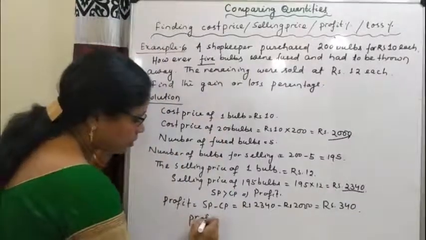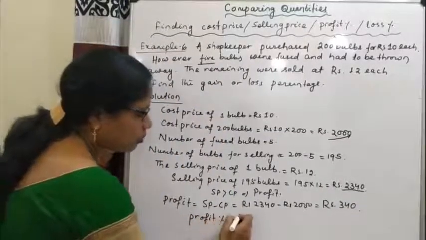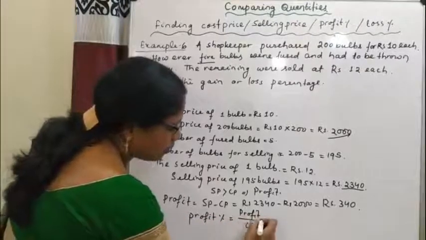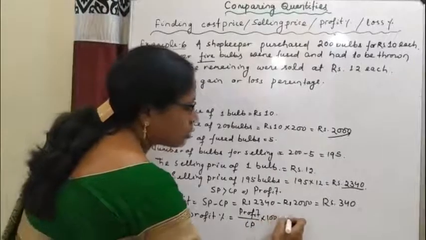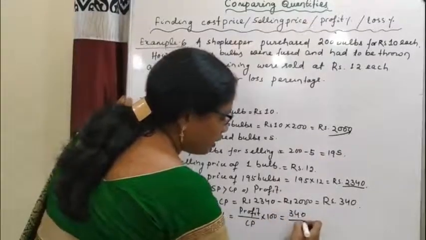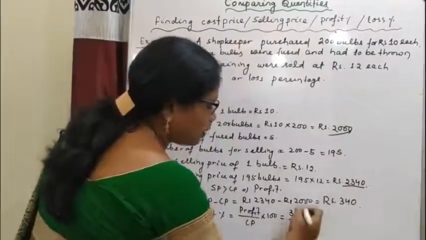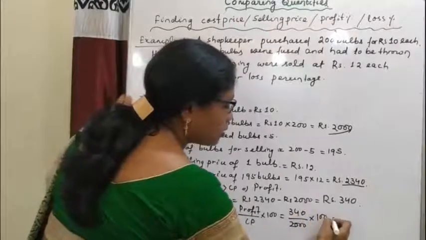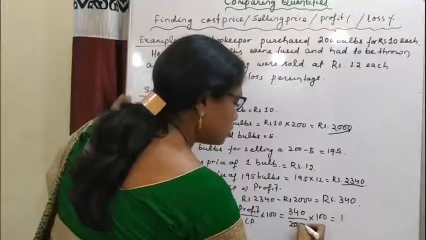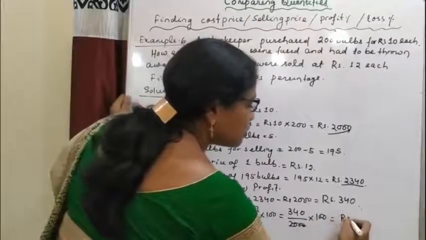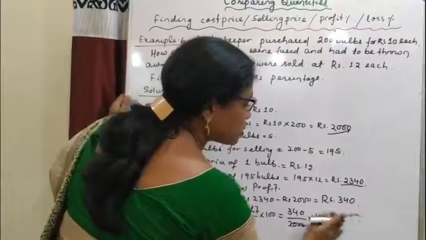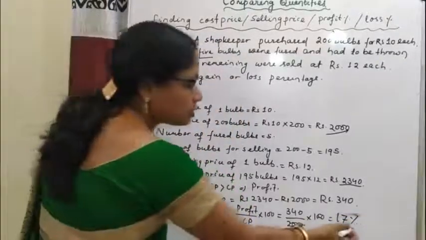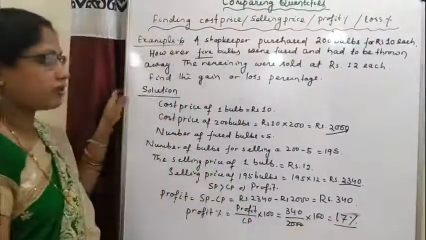So profit percentage is profit by CP multiplied with 100. So this is equal to 340 by our CP, which is 2000, multiplied with 100. So this is equal to 17%. Sorry, this is percentage. So profit percentage was found to be 17%.